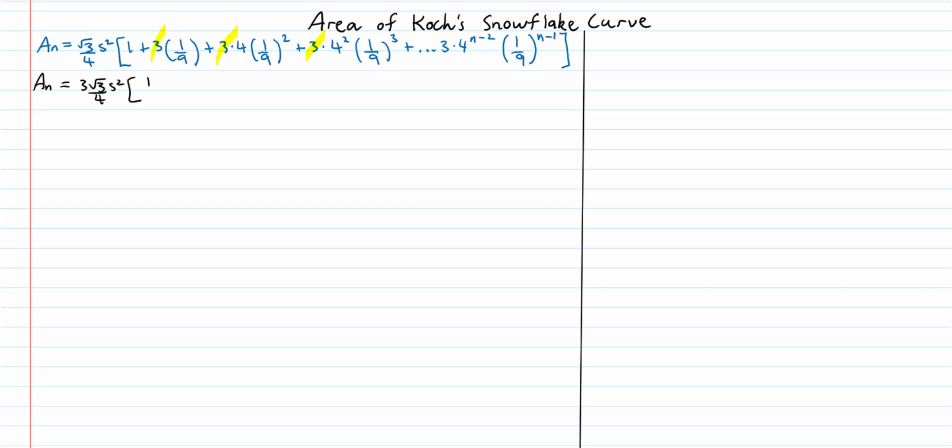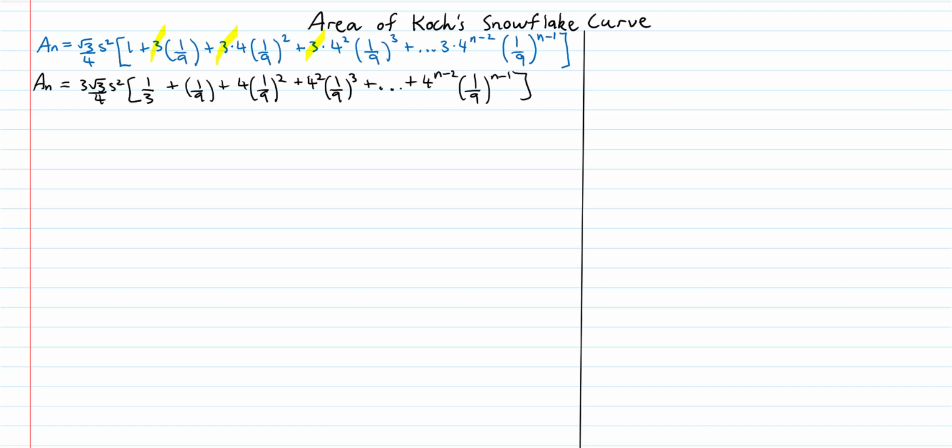And then in the brackets we're going to have 1 over 3 plus 1 over 9 plus 4 times 1 over 9 squared, and then plus 4 squared times 1 over 9 cubed, and that's going to continue on. So last term then is going to be plus 4 to the power of n minus 2 times 1 over 9 to the power of n minus 1.